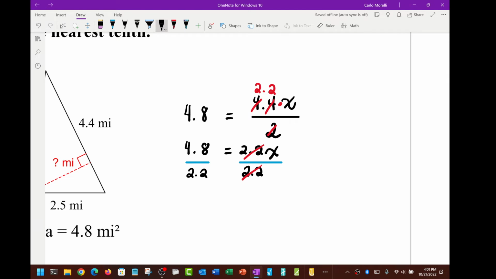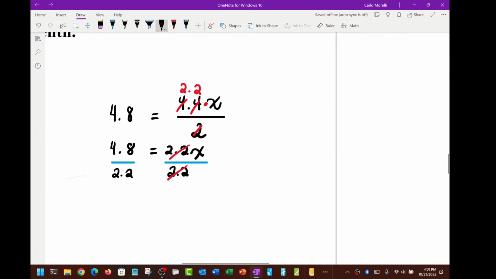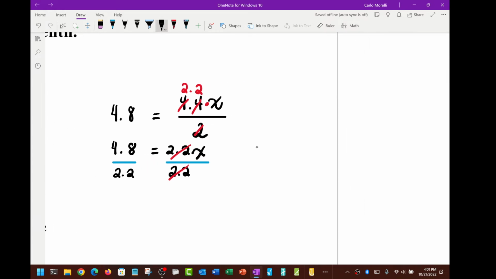Okay, so what do I mean by fractional division? Well, what I mean is I'm going to take 4.8 and turn it into an improper fraction. 4.8 equals 4 and 8/10, which can be reduced down to 4/5. So 4 and 4/5.